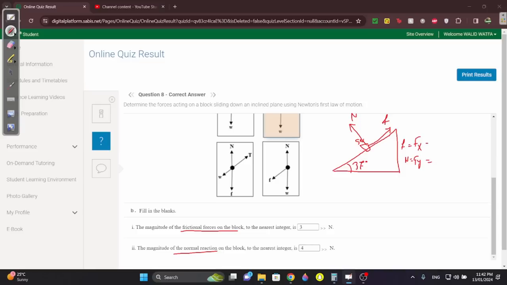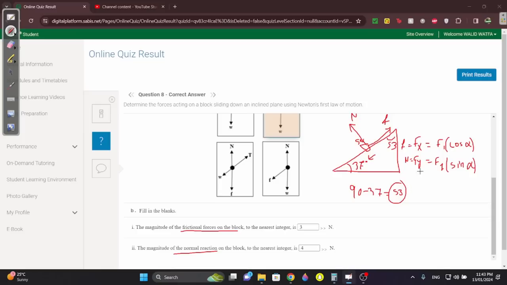If you remember, Fx is always the force times cosine of your angle, and Fy is always the force times sine of the angle. But another way I told you in the AMS was you can't use this angle here. You have to do 90 minus 37 and you get 53, and this is your angle because you want the angle that's up here. You can't use this angle down here.